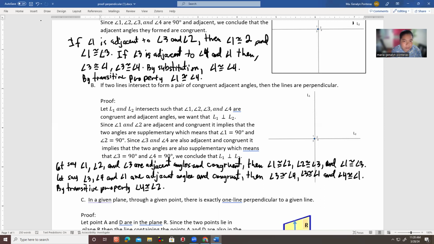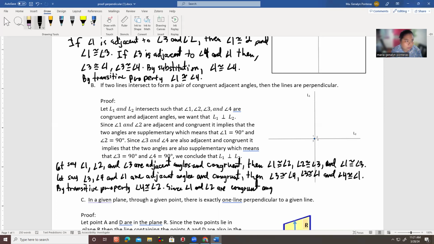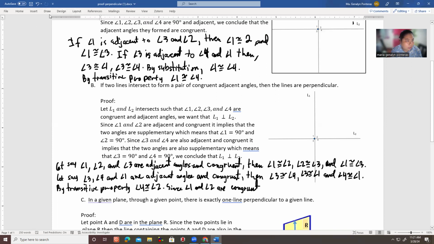Since they are all congruent, since angle 1 and angle 2 are congruent and supplementary, then the two angles measure 90 degrees, because 90 degrees is the only angle measure that is congruent and at the same time supplementary.